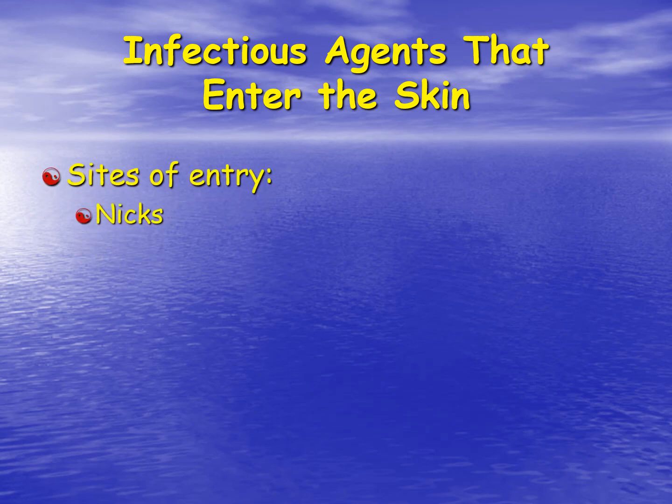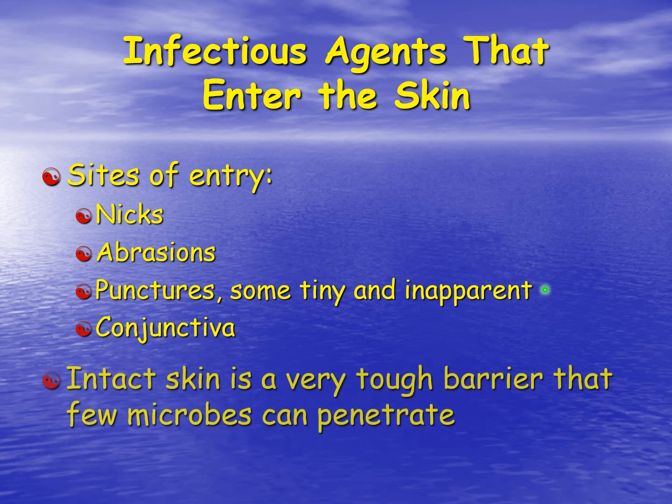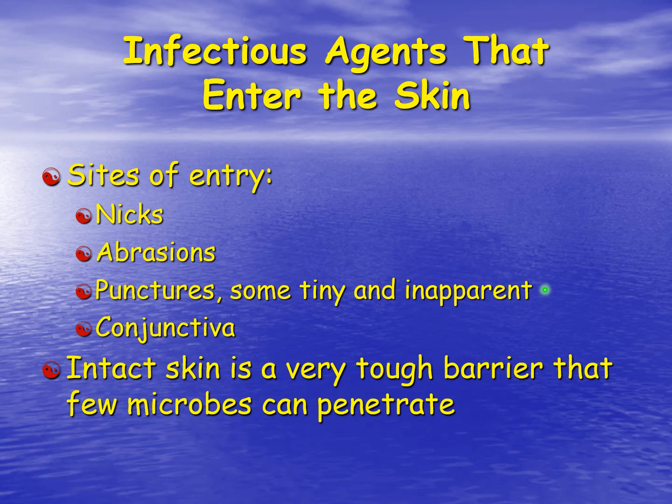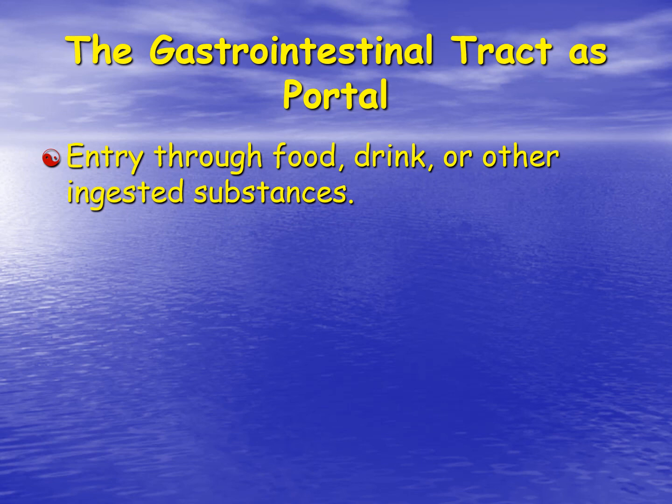So sites of entries in through the skin or mucous membranes could be due to nicks, abrasions, punctures, and sometimes these punctures are extremely tiny and even inapparent. The conjunctiva of the eye. But I will say this, intact skin is a very, very tough barrier that very few microbes can penetrate without having some sort of physical damage already done to the skin. The GI tract.